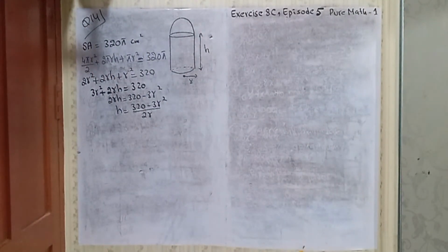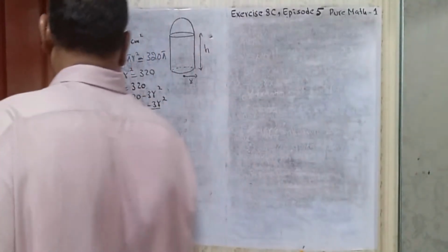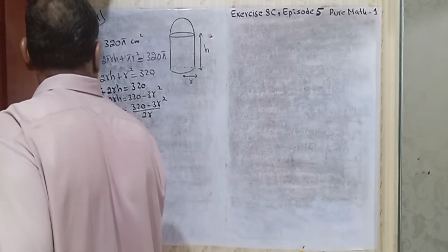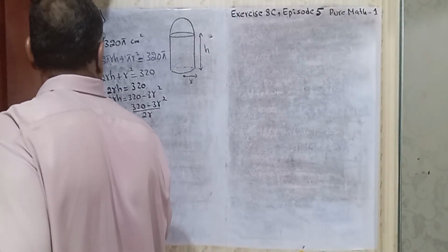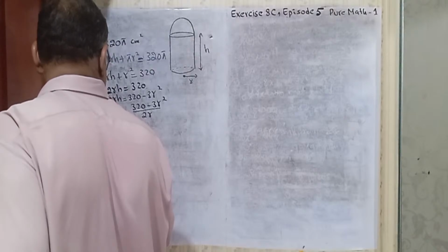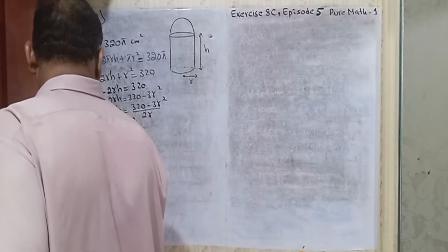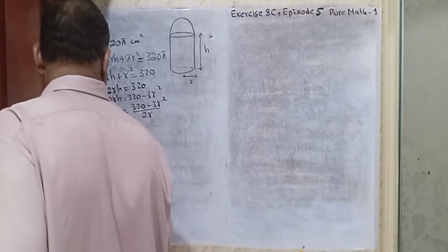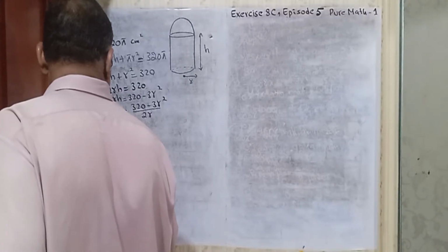Now let's see what's the answer in the book. They have given the denominator separately. So my h will be equal to 320 divided by 2r minus 3r square divided by 2r, which equals 160 divided by r minus 3r by 2.